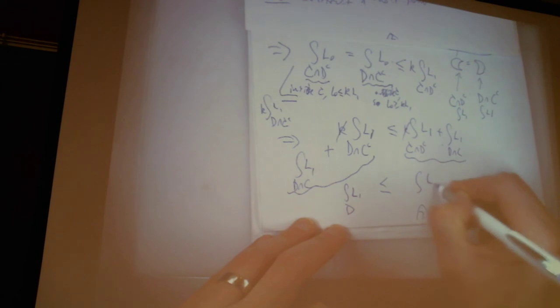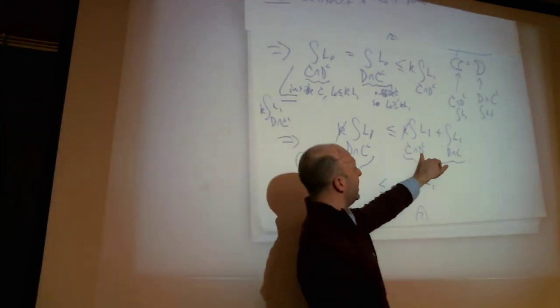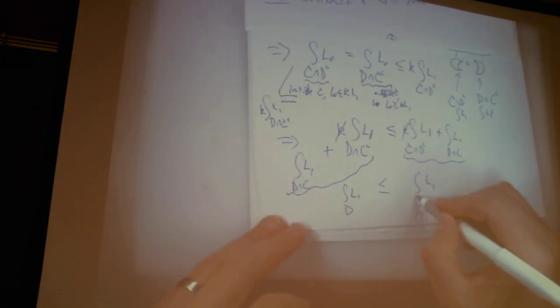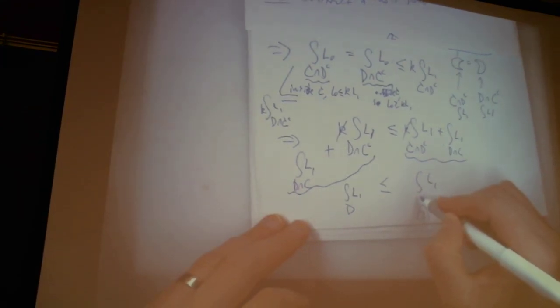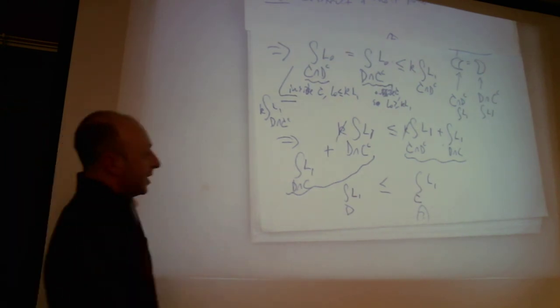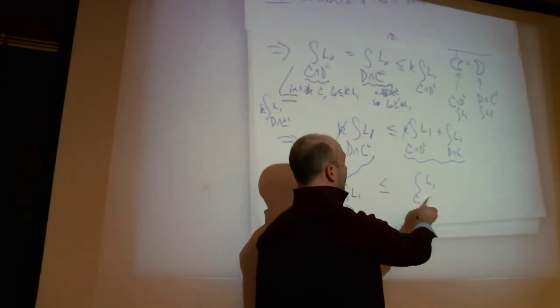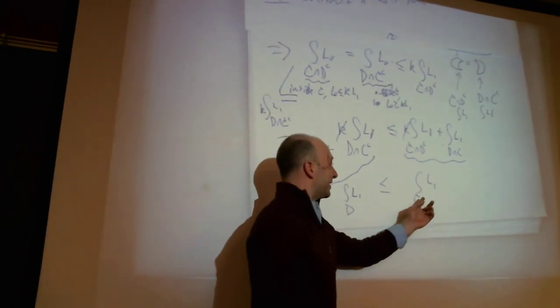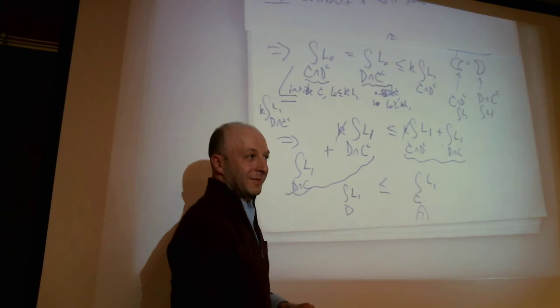It's the integral of L1 on C intersect D complement and C intersect D. That's the integral on C. Everybody see that? And so, what are we measuring? These are the sizes. This is the power of the function. C has a bigger power than D.